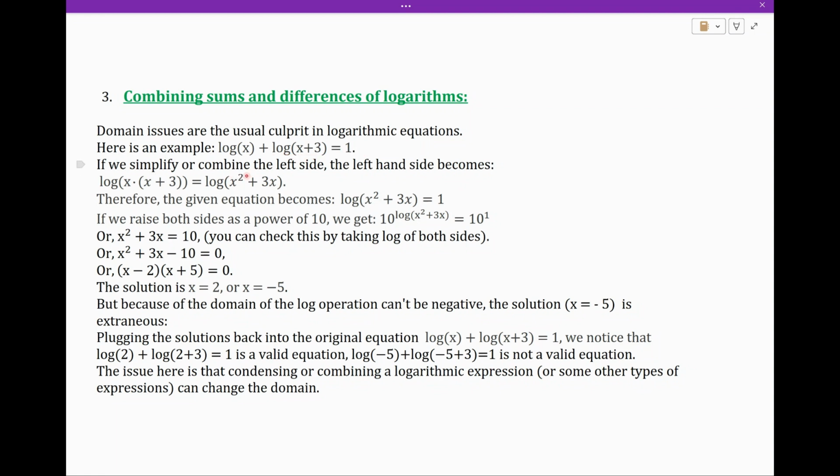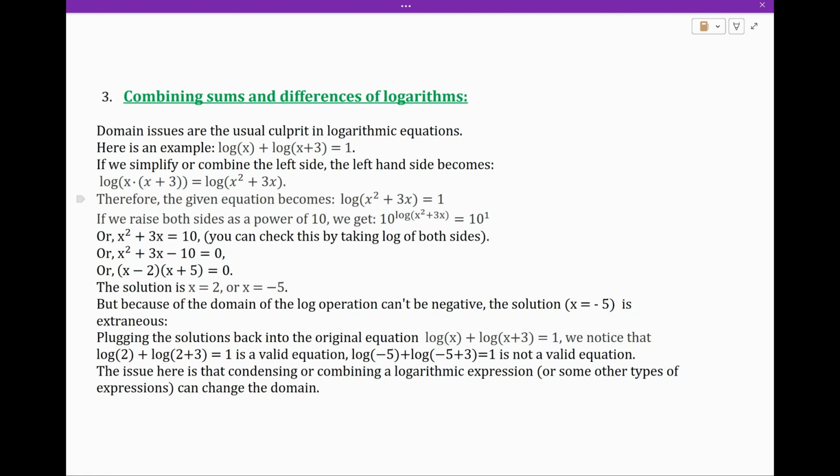By using the rules of logarithm, we can simplify or combine the left-hand side, and the left-hand side becomes logarithm of x multiplied by x plus 3, which is logarithm of x square plus 3x. Therefore, the given equation becomes logarithm of x square plus 3x is equal to 1.